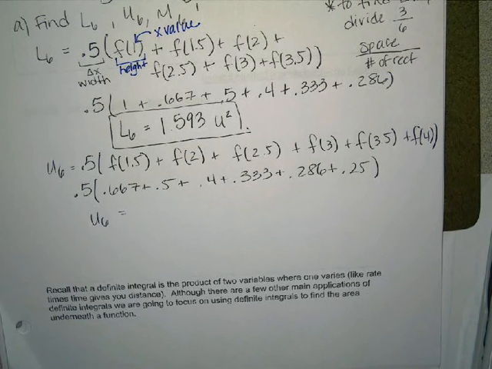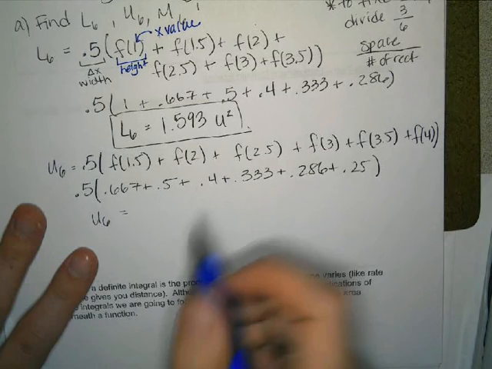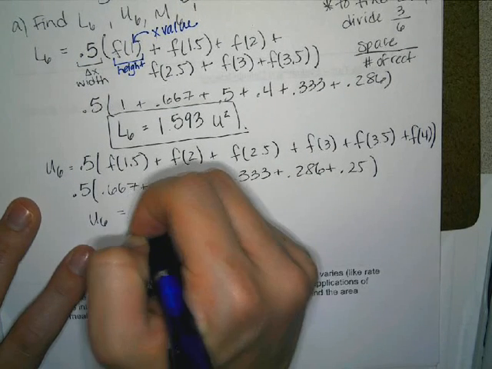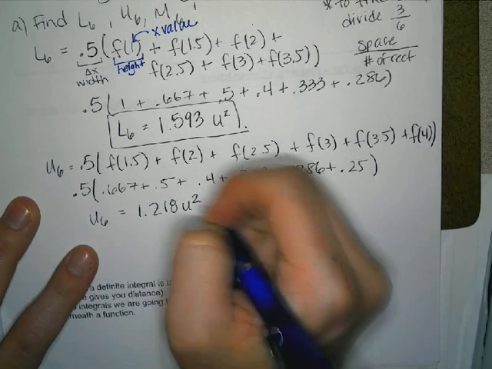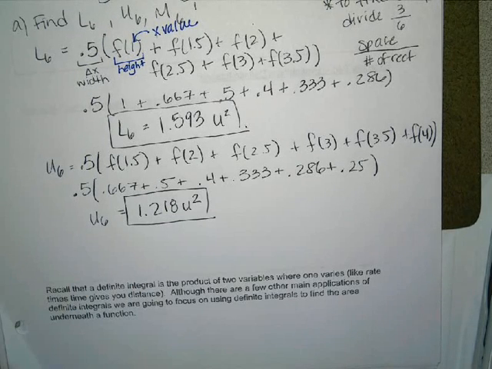I thought we didn't like decimals. 1.218. Yes. Well, this is an approximation, so we're okay. When do you not use decimals, and when do you use decimals? You use decimals when you have decimals, use fractions when you have fractions. Are you talking about this part or this part?